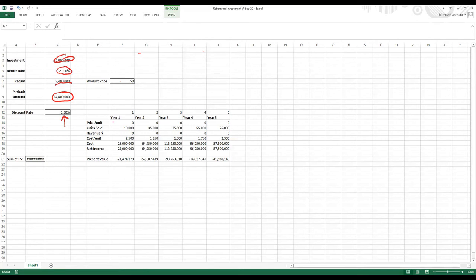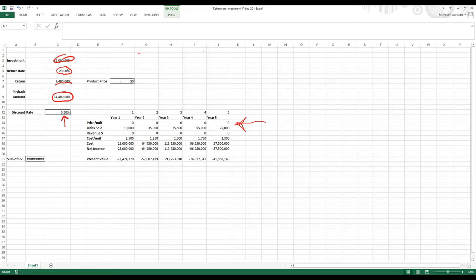So the way we've set this up is what we want to find is the price that will give us the desired present value that we're looking for. We've entered the sales forecast numbers. From the forecast numbers and the price, we'll calculate what the revenue is every year. We've entered what the cost of manufacture per unit is.